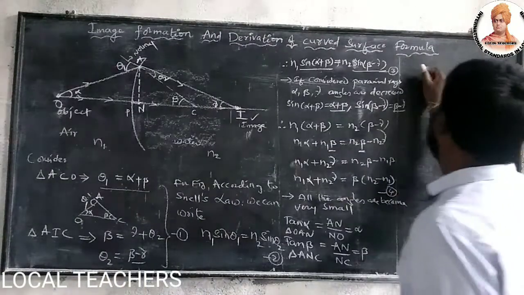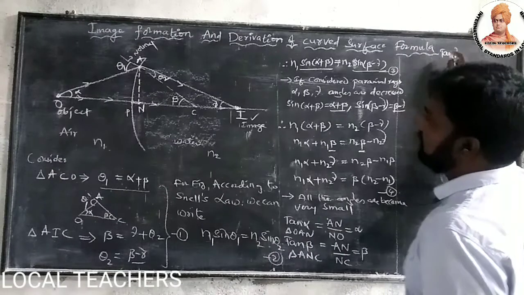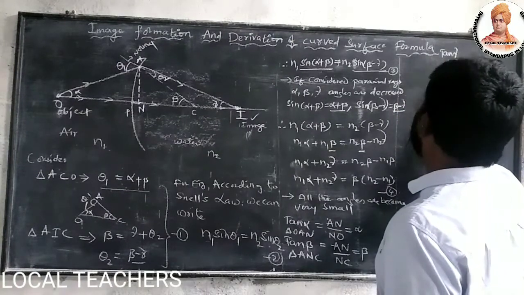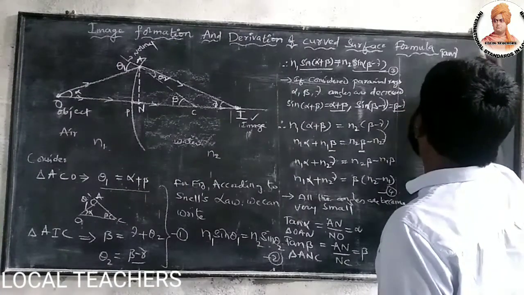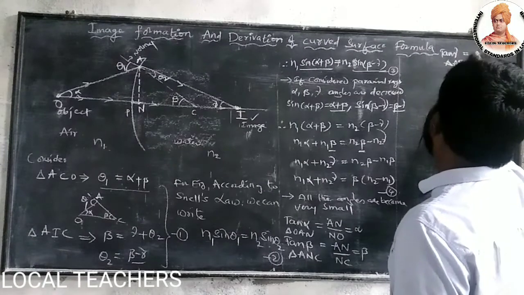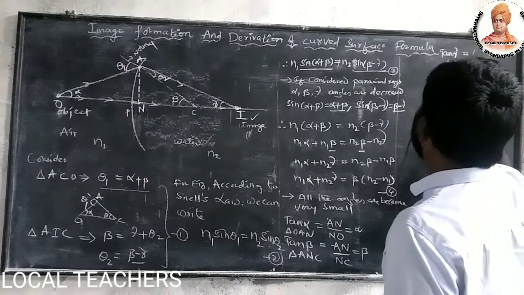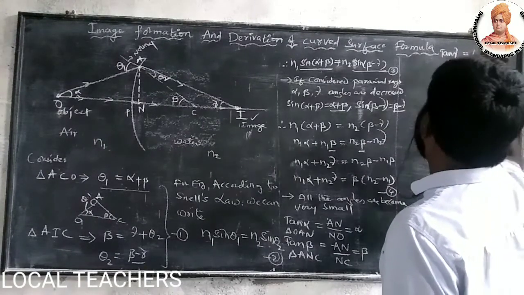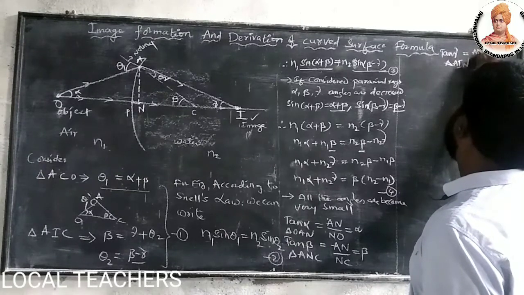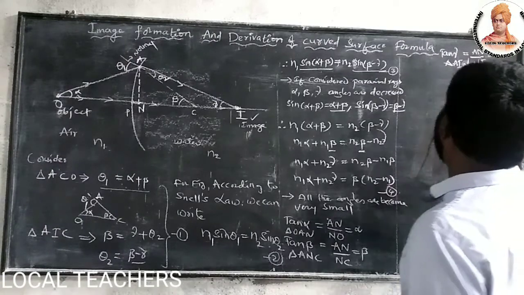So tan gamma equals opposite AN by adjacent NI, that equals gamma.